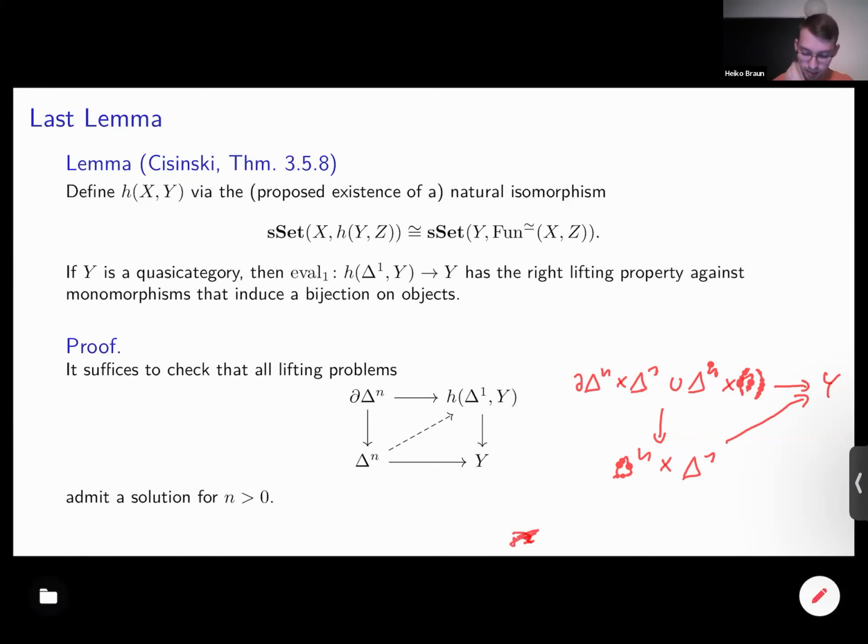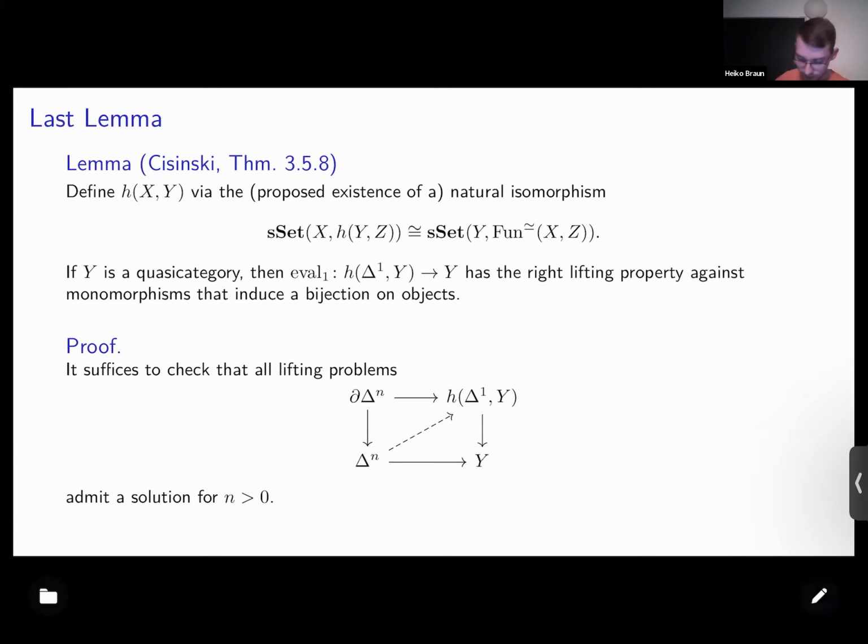And then we still need to check that everything also goes through here. So this would be the diagram if the H would be replaced by functors. Then you would use a special case of the adjunction lemma, and this would yield exactly the diagram I drew before. Yeah, I forgot to draw this diagram here.